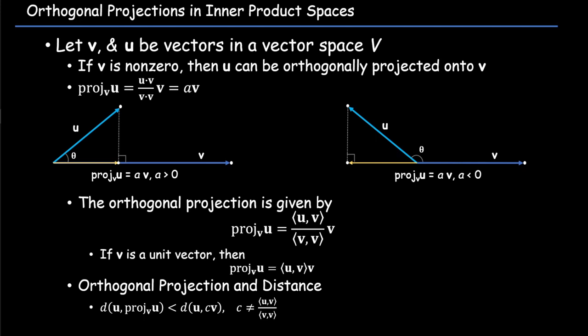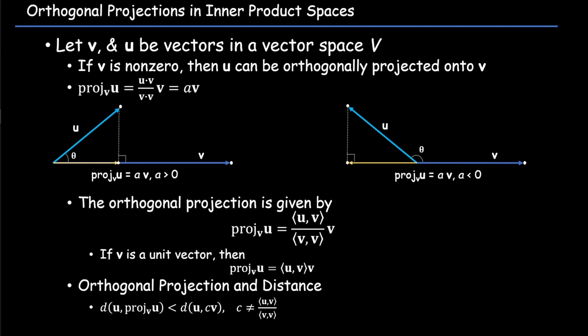This makes sense because we mentioned that if two vectors are non-zero, one can be orthogonally projected onto the other, and if one is orthogonally projected onto another, that means it can be written as a scalar multiple of the vector being projected on.